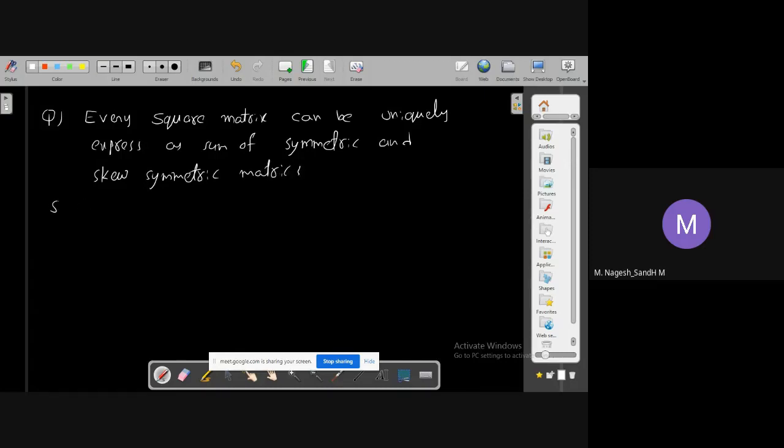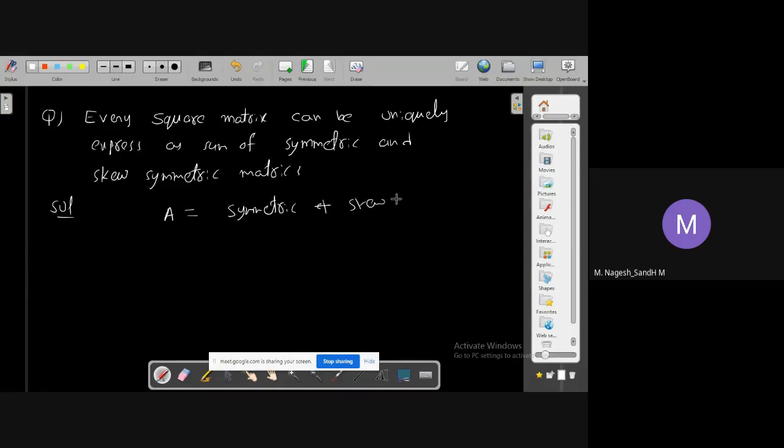So first I'll try to understand the question. What does that mean? Any square matrix you can take, we can split that into symmetric and skew symmetric. Whatever the square matrix, for example A is the one matrix, we can split that matrix into symmetric plus skew symmetric.